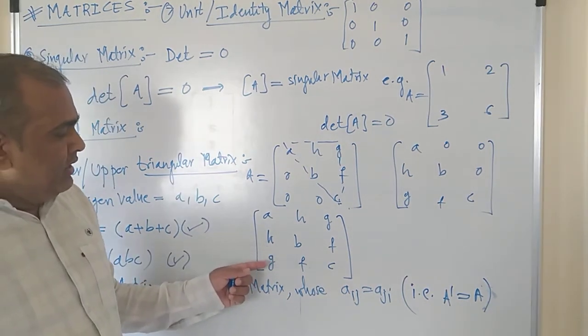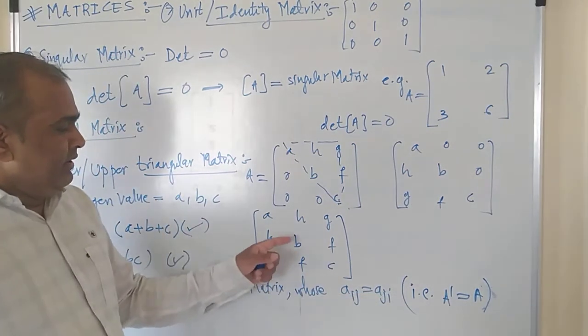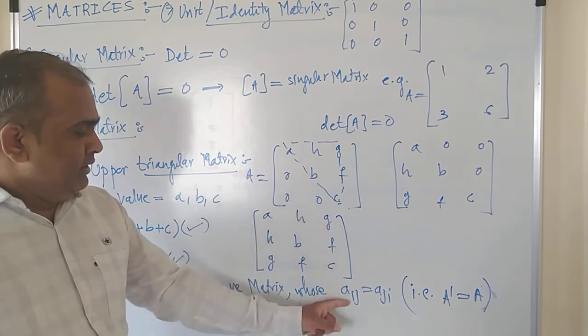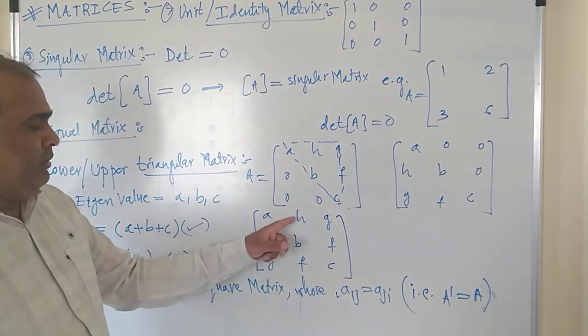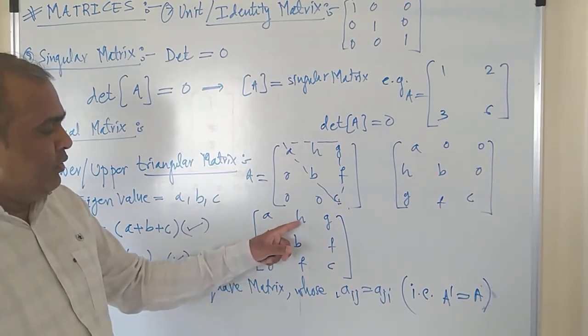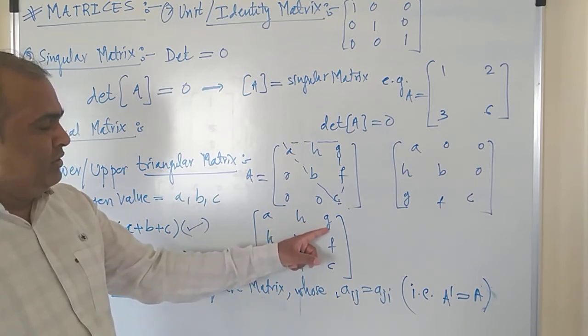And you can check all Aij and Aji are equal here, right? A12 and A21 must be the same. The meaning of this statement is A12 and A21 must be the same. A21 is H and A12 is H. Similarly, A13 and A31 must be the same.